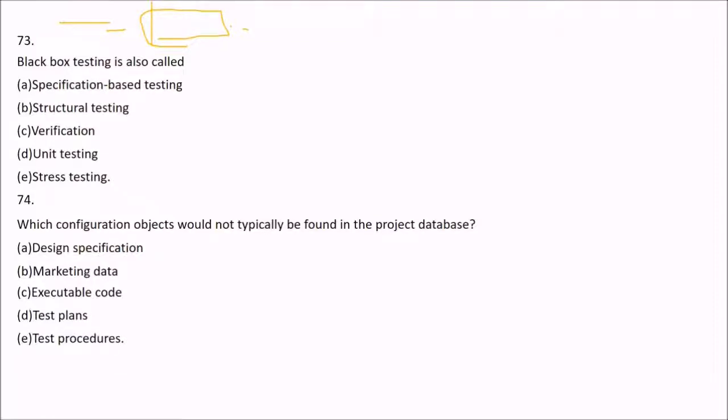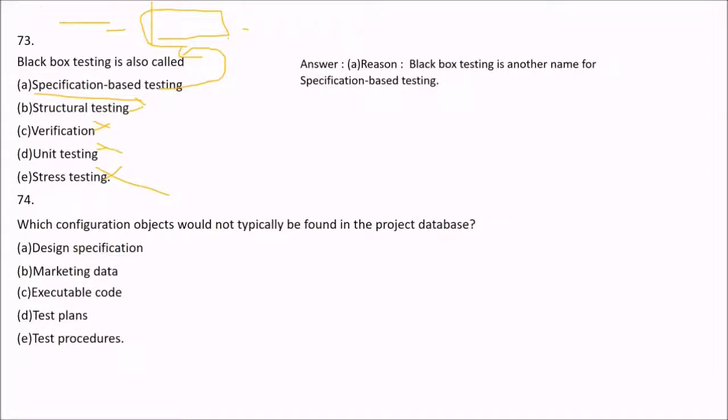So this is specification based testing. Yes. Structural testing, no. Structural testing is white box. Verification, no. Unit testing, no. Stress testing, no. So the answer is specification based testing. Black box testing is also known as functional testing, and white box testing is also known as structural testing.